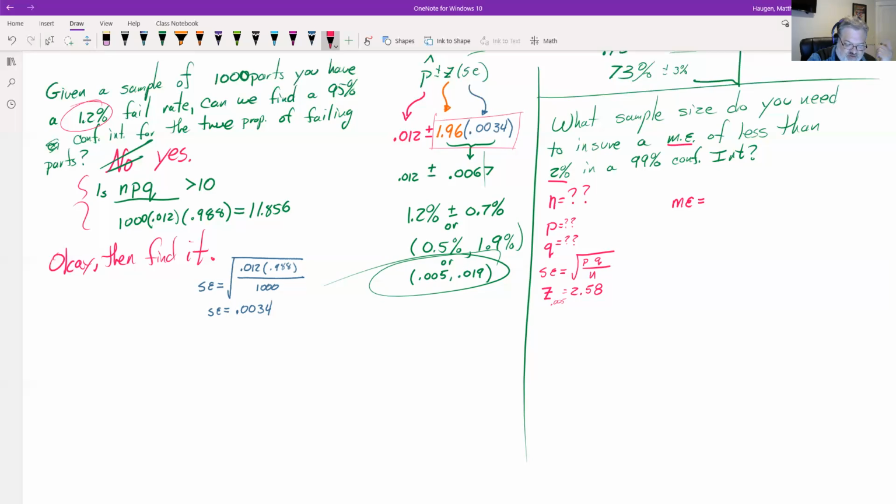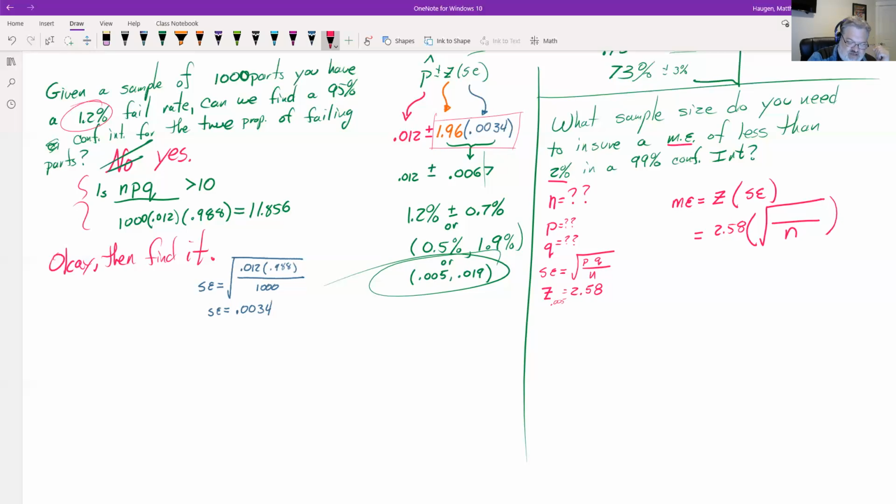That margin of error should be the Z-score multiplied by the standard error. So it should be the 2.58 multiplied by that square root of P times Q, which, as you said, we don't know, over the N. I'm gonna leave that blank for a second.